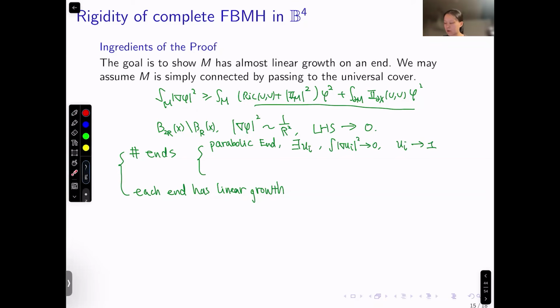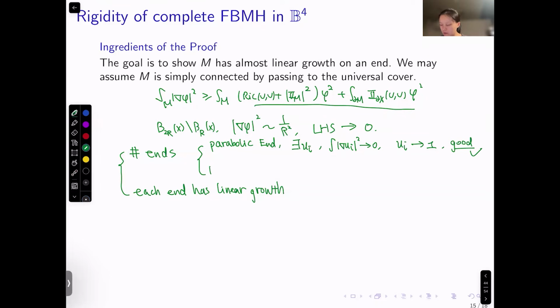So now if you try to plug this function into the second variation formula, the right-hand side is what you want, and the left-hand side goes to 0. So these ends are good ends. So we don't have to worry about these.